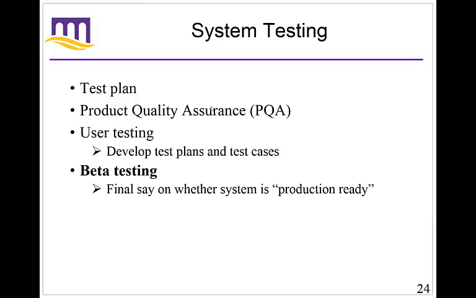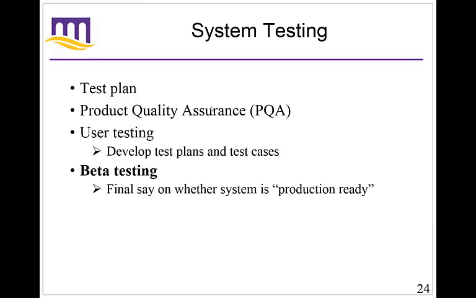So the user needs to not only test to make sure that things are coming out, but that they come out exactly as they expect them to come out. And this can be difficult to find, because a lot of times people just look over it and say, yeah, looks good enough. But they don't realize that maybe the numbers coming out are just wrong. And how would anyone know unless you specifically sat down and said, all right, are these the right numbers coming out? I'll calculate them by hand and then compare it to what comes out of the system. And sometimes that's the only way you can do that.